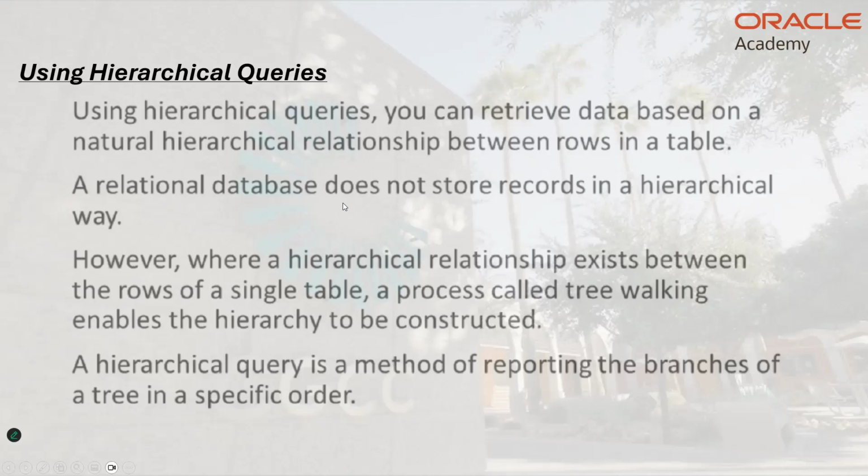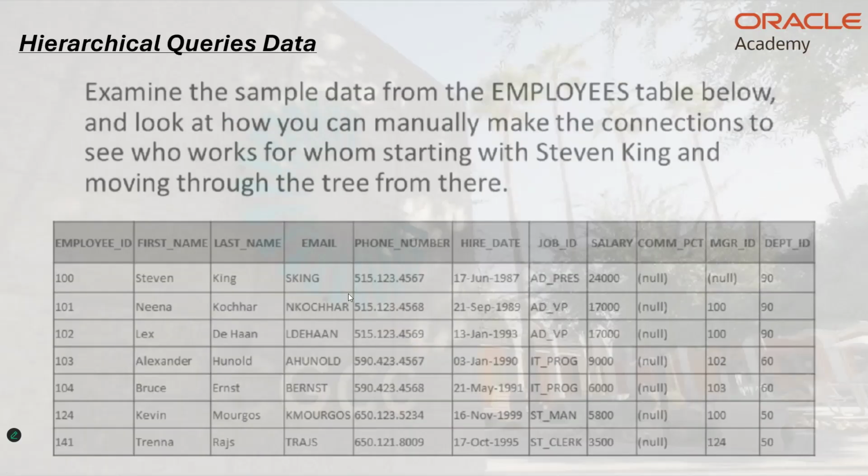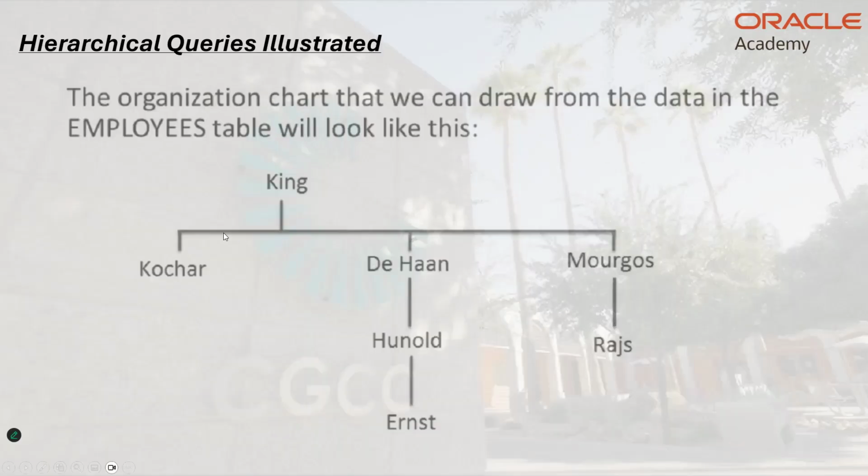So you can use hierarchical queries to retrieve data to create this relationship, like who works for whom in the same scenario. If we ran a query on the employees table, the base structure is job ID, manager ID, etc. If we pictorially represent an org chart of our employees table, it looks something like this.